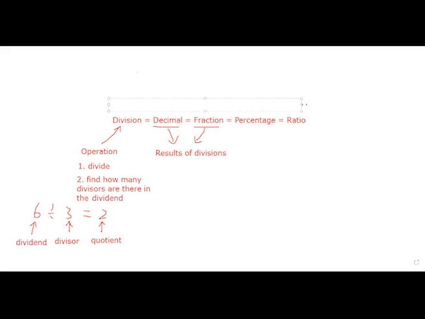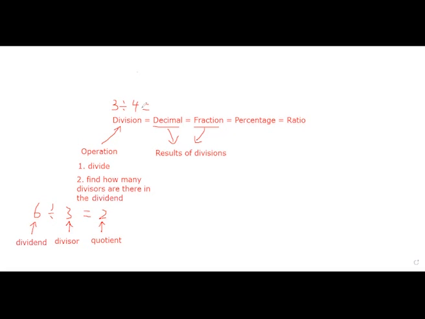Let me give you an example. Let's do 3 divided by 4. So for a division, it could be 3 divided by 4, right? That's a division. Then if I ask you, what is the result of 3 divided by 4? Then I will accept these two forms as the answer.